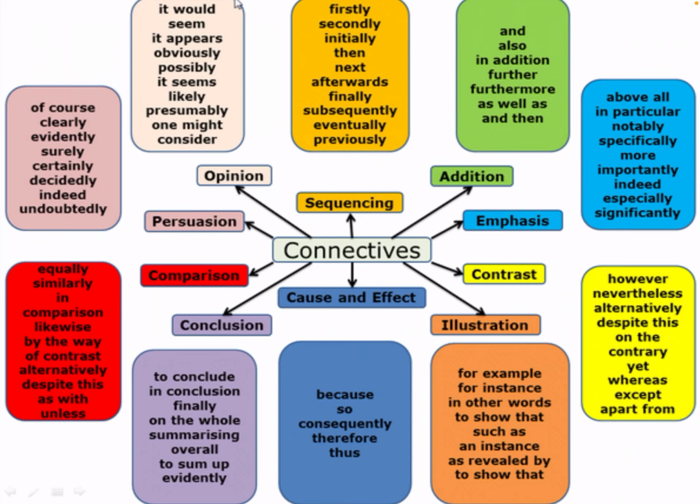So you are talking about an important topic and you want to emphasize how important your sentence is. You can use above all, in particular, notable, specifically, more importantly, indeed, especially, and significantly.